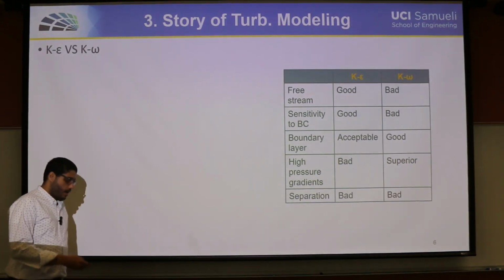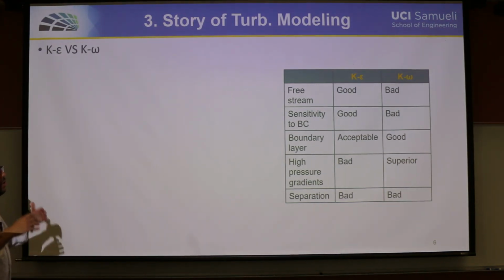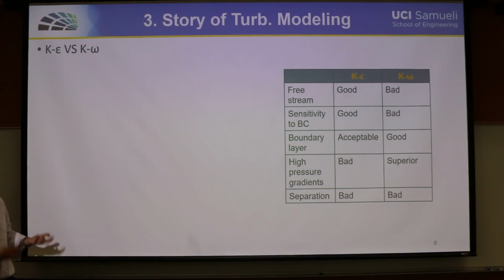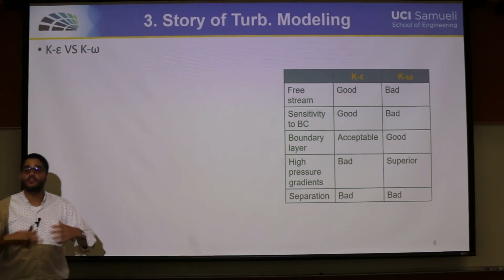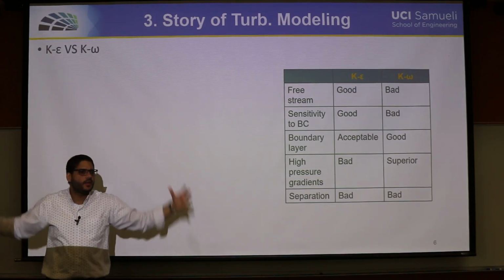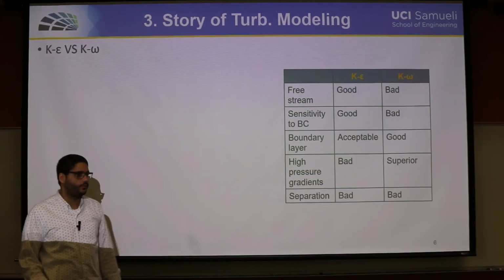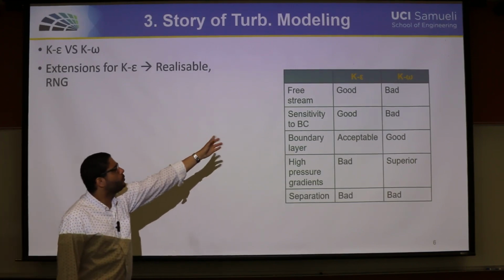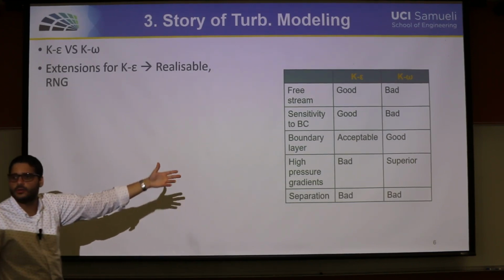And we will see in a while that the whole RANS way of approximating turbulence is not that good if you have severe separations or vigorous mixing and very complicated structures in your flow field.